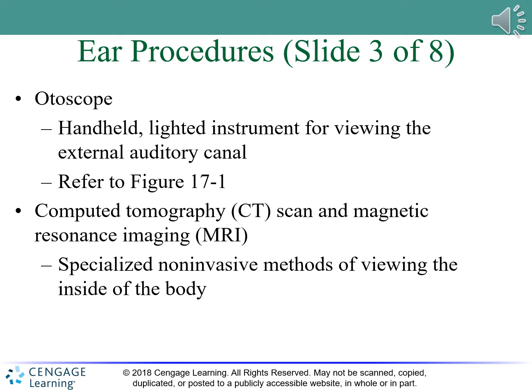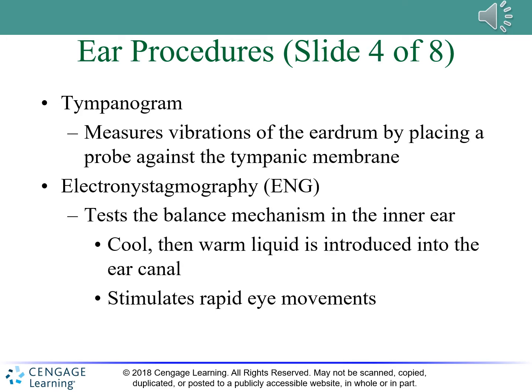A tympanogram measures the vibrations of the eardrum by placing a probe against the tympanic membrane. And electronystagmography, ENG, is an exam that tests the balance mechanism in the inner ear.